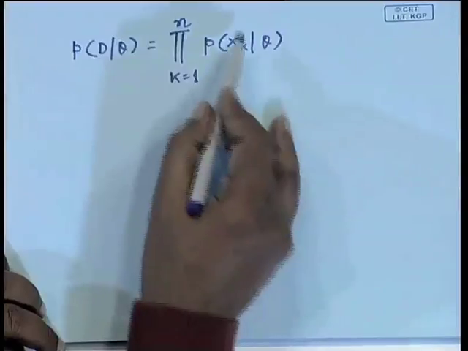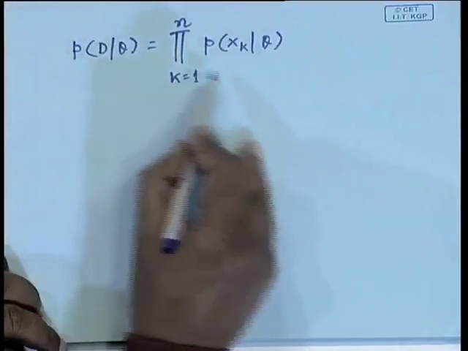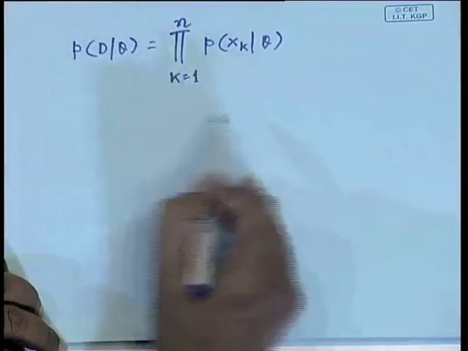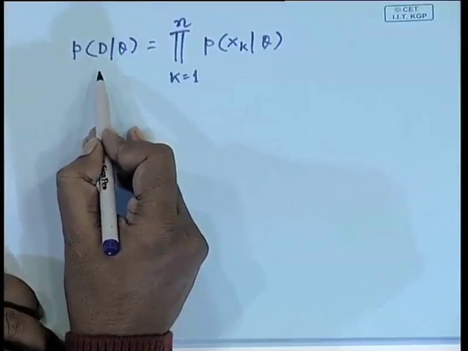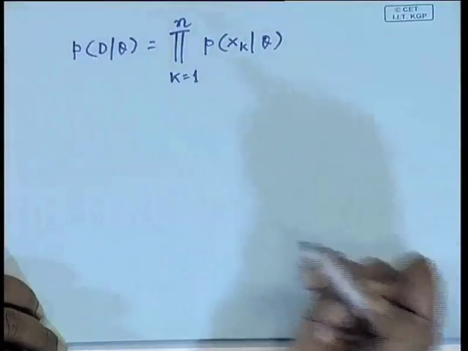Similarly, here this likelihood value is a product term, so instead of taking the likelihood value directly, if we take its logarithm, that is the log likelihood.